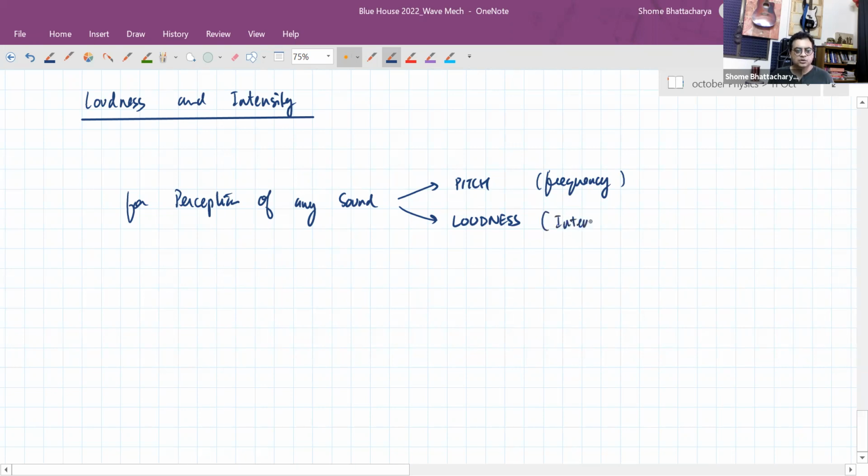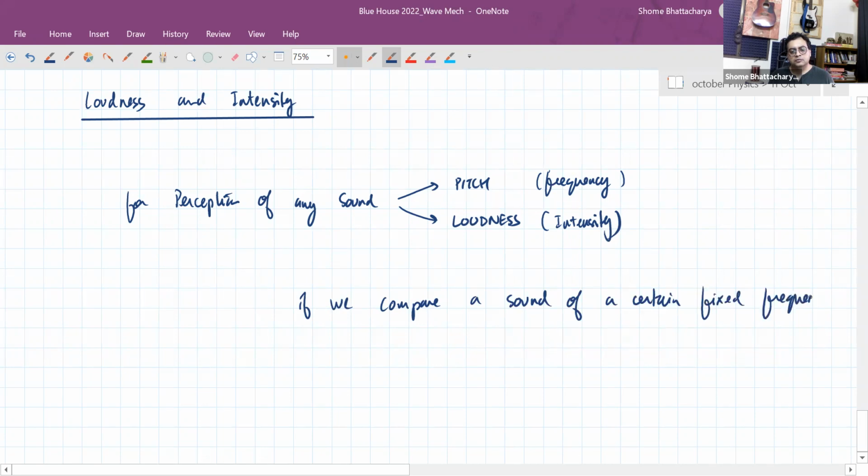Why I'm saying more or less got to do with intensity is because if we compare a sound of a certain fixed frequency at different values of intensities, then we can definitely say that loudness is directly proportional to the intensity.